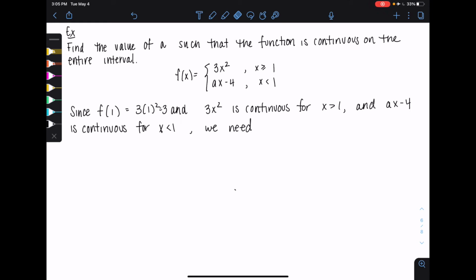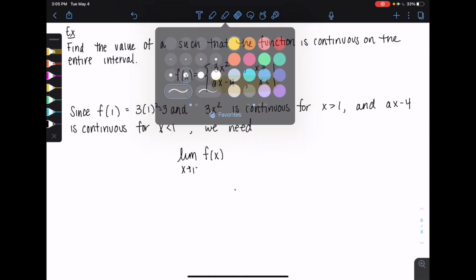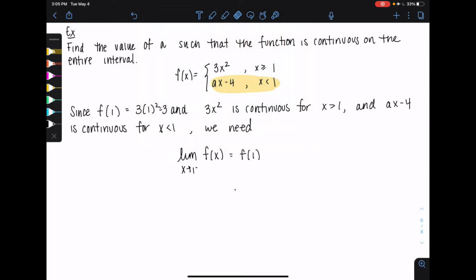So really what we need is for things at 1 to be nice. And so ultimately, I need to guarantee that this limit equals the output itself here. So what we need is the limit as x approaches 1 from the left-hand side, because this is our unknown piece, to actually equal the output of our function, which is 3.